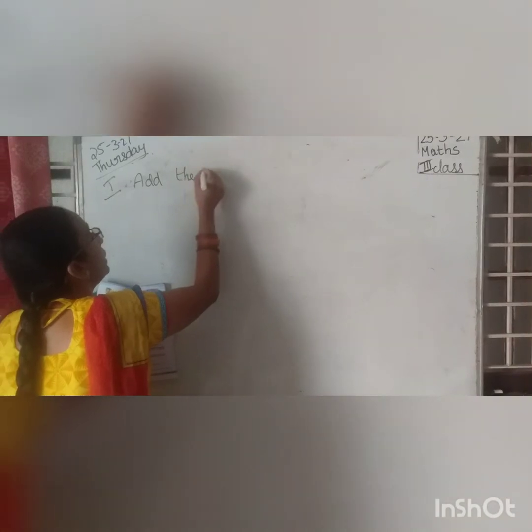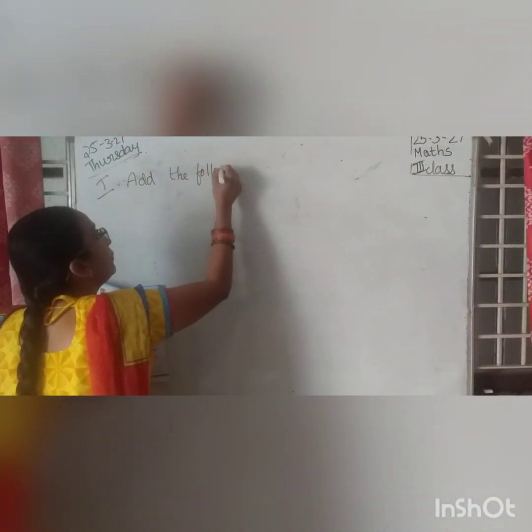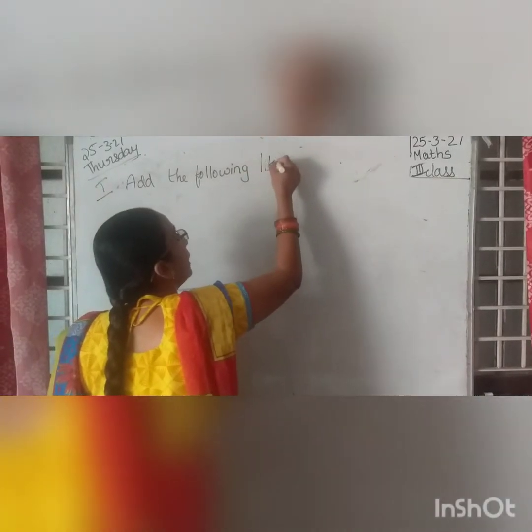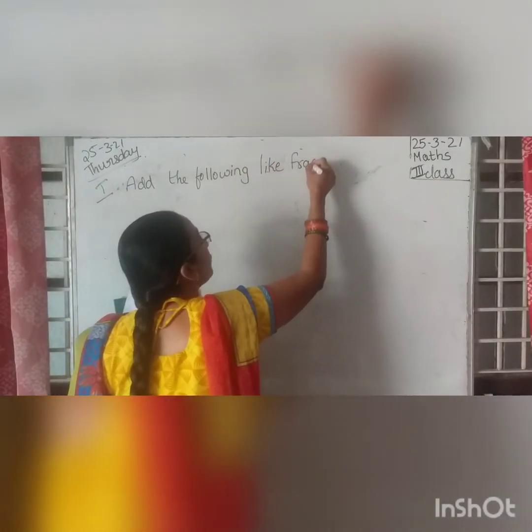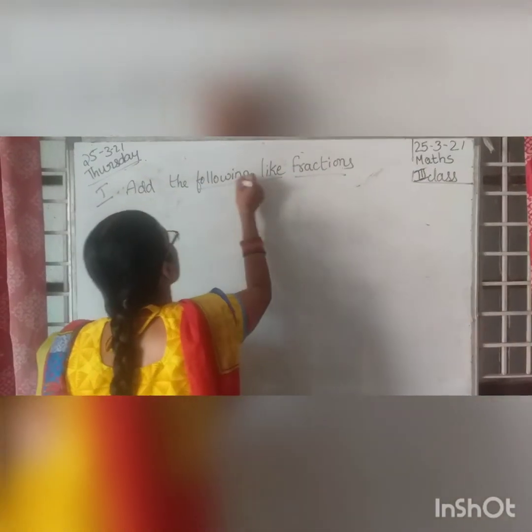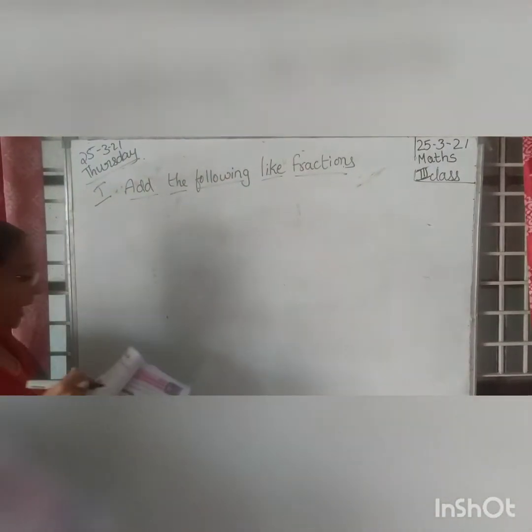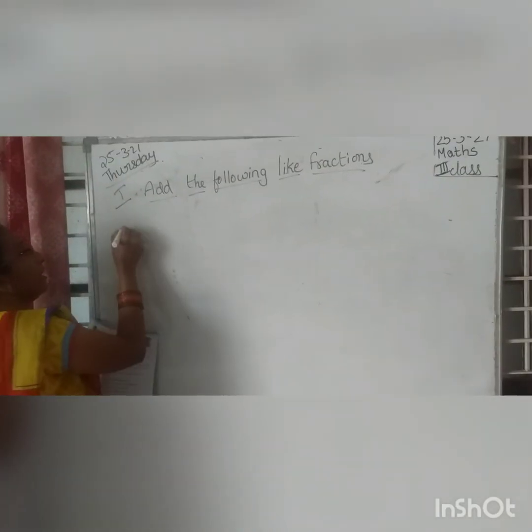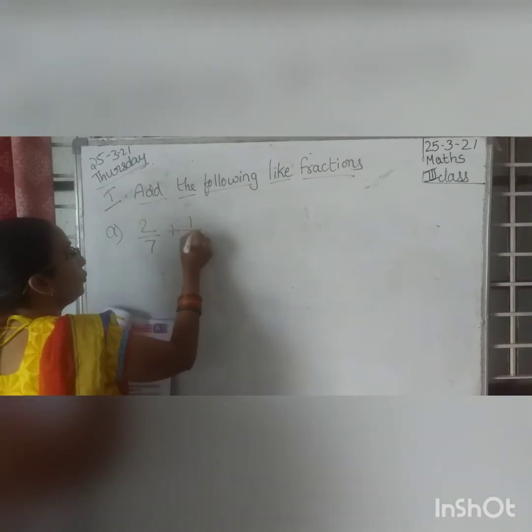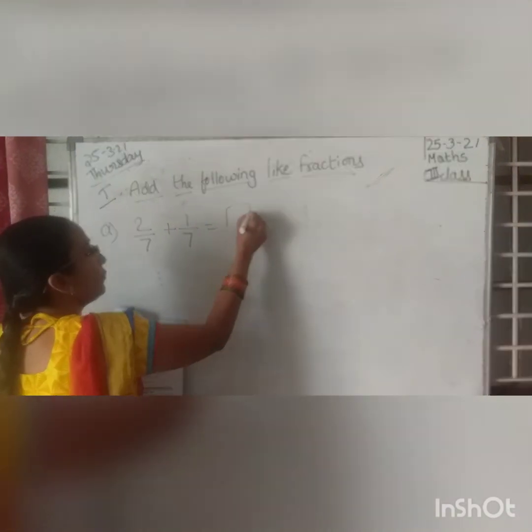Add the following like fractions. Okay, children? A. 2 by 7. Here I am going to explain 2 sums and 2 I will give you for homework.